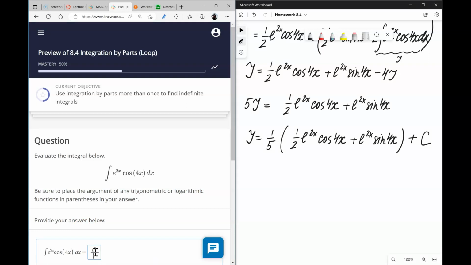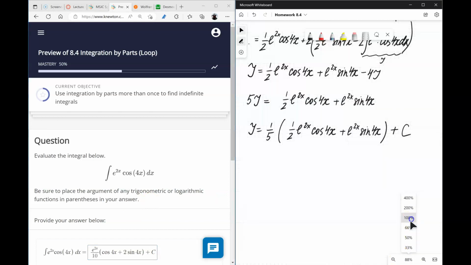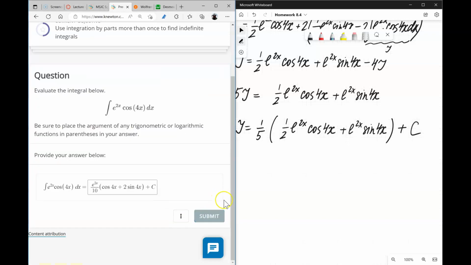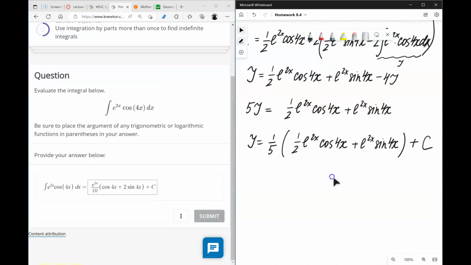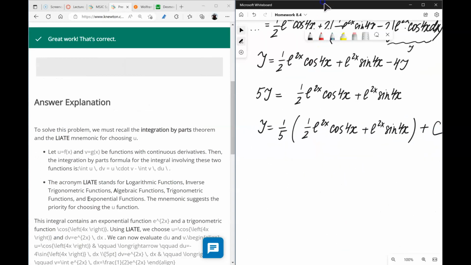We're going to divide everything by 10. We're going to also take out 1/2. And here we have cosine of 4x plus 2 sine of 4x plus c. This was number 3.